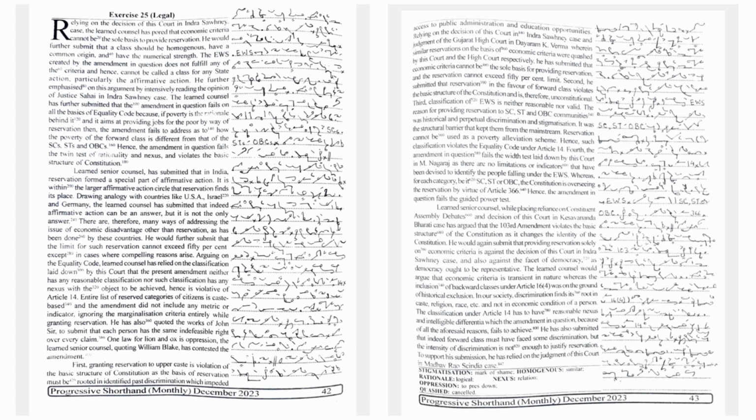Start relying on the decision of this court in Indra Sawhney case, the learned counsel has pointed out that economic criteria cannot be the sole basis to provide reservation. He would further submit that a class should be homogeneous, have a common origin, and have numerical strength.